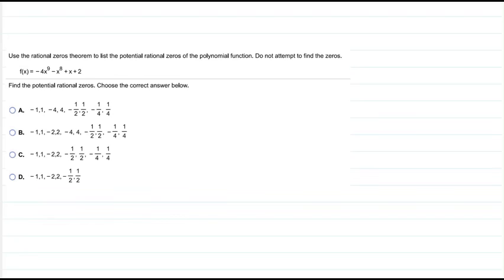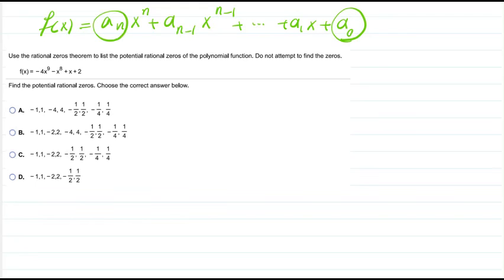It says that if you have function f of x, which is a n x to power n, plus a n minus 1 x to power n minus 1, and so on, plus a1 x plus a0, when a0 is non-zero and an also is non-zero, then if you find the factors of a0, let's call them p, and then find the factors of an, let's call them q, then p divided by q is the list of potential rational zeros for this polynomial.